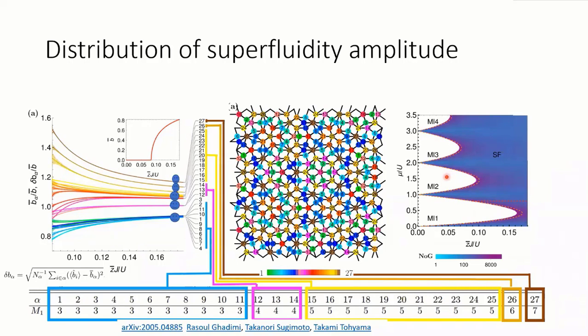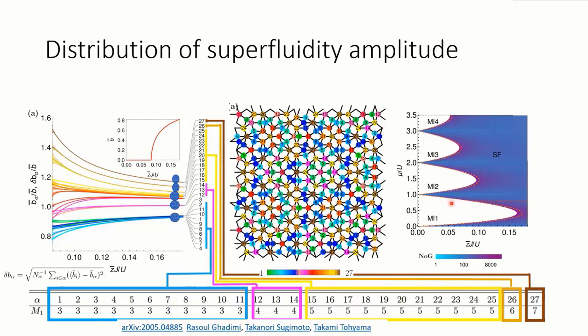So when we change the J, beyond the critical point, immediately the order parameter is classified by the coordination number.